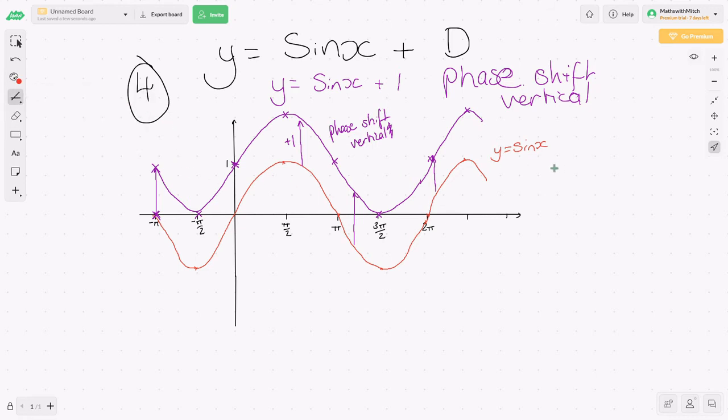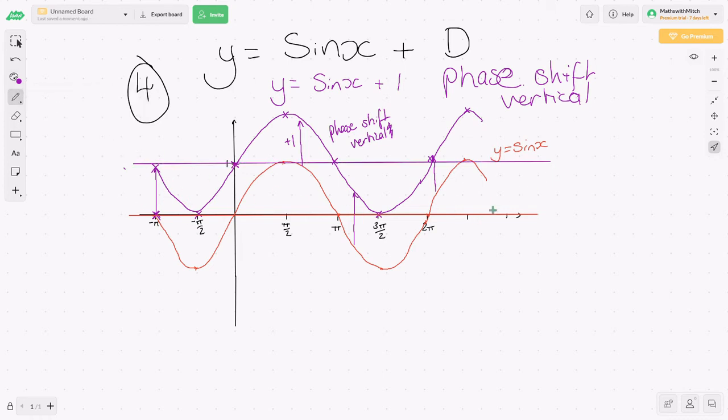It's easy for the graph of y equals sine x to say that the midline is the x-axis here. You can see that that cuts through the center of the graph. And in essence, when you're phase shifting, I did it with all the points because it's quite easy to plot that way. But what you're doing is shifting that midline up by 1. I haven't drawn the points on perfectly for this sketch, but you're shifting the midline up.